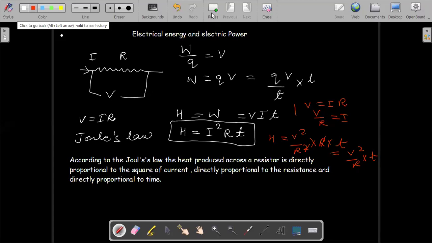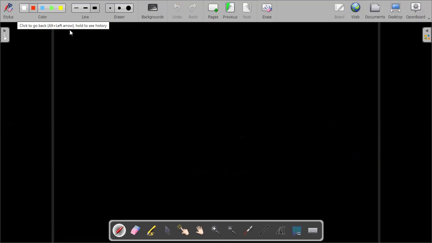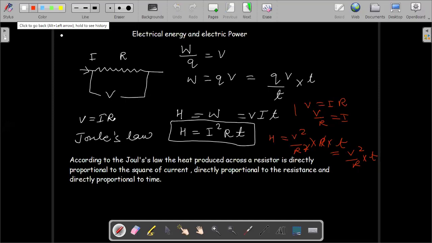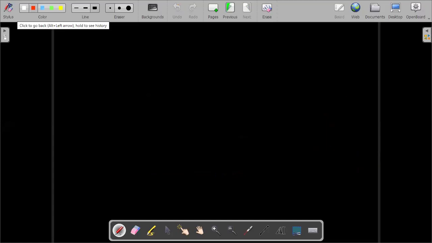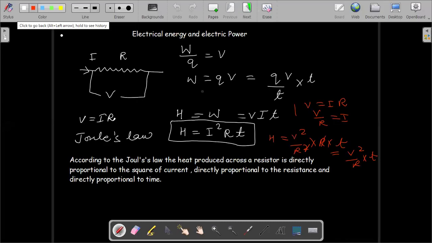So now let's have a quick idea of what we have done. Up to now, we did that the amount of energy produced across a resistance can be given by three formulas.